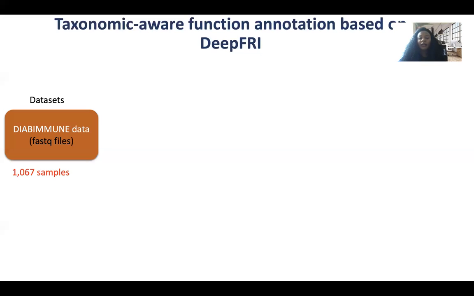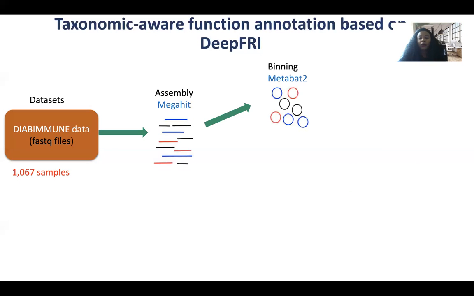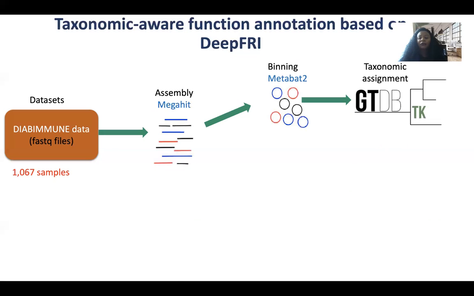We had shotgun metagenomics data coming from the DIABIMMUNE data of around 1,067 samples. We performed de novo genome assembly using MEGAHIT to generate contigs. We further binned these contigs into metagenome assembled species using MetaBAT and taxonomically profiled the metagenome assembled species using the Genome Taxonomy Database.